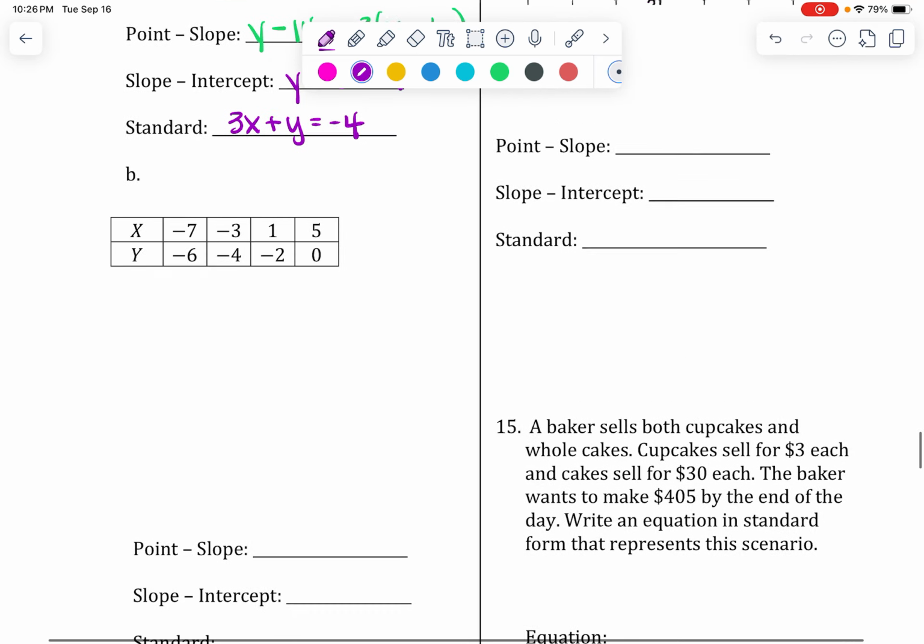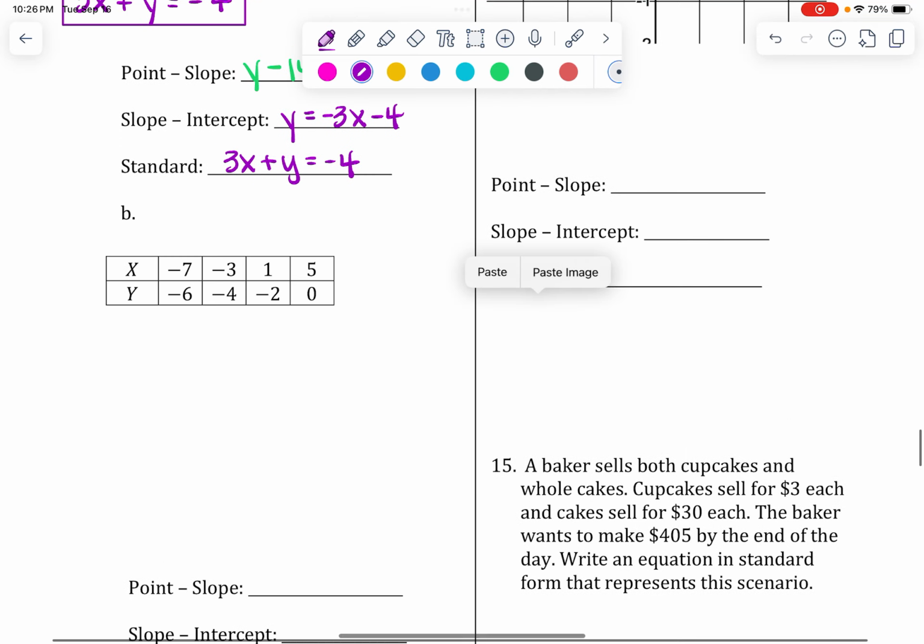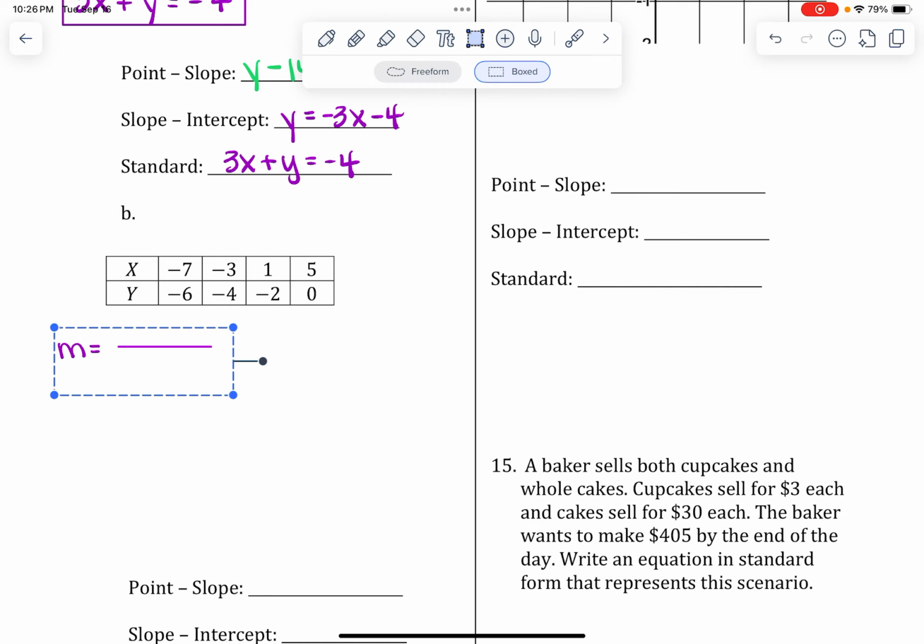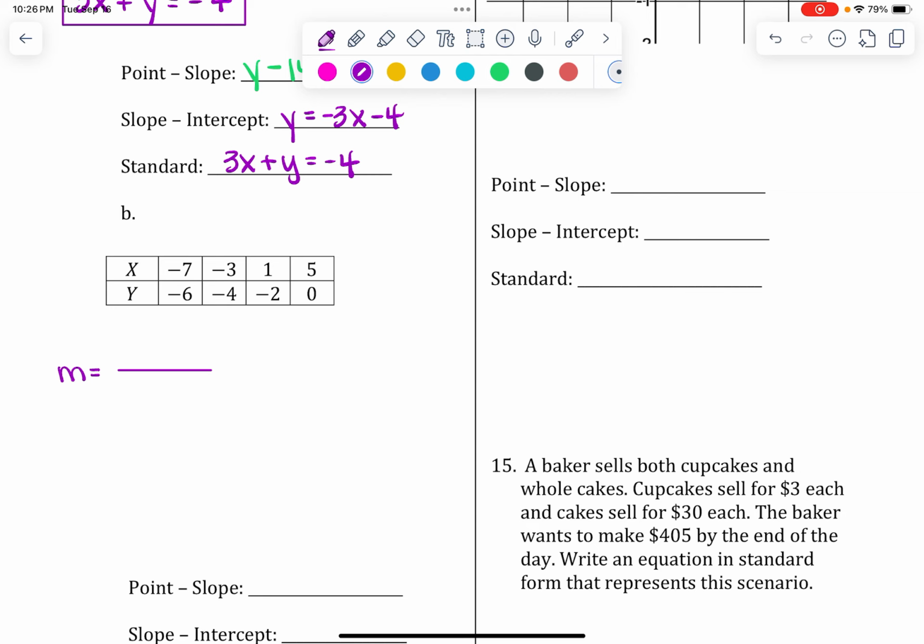All right, doing it again. Here we go. I need to find my slope. All right, change in y's. Let me scooch that down. There you go. Let's see, -6 to 4. Looks like I'm adding 2. So that's a 2 in my numerator. And then for my x's, looks like we're adding 4.